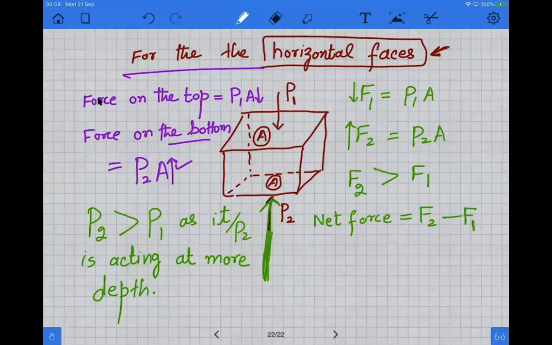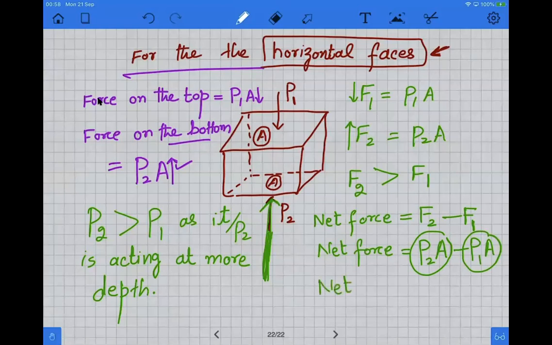Now if we substitute the values, the net force will be P2 times A, assuming that the area of the object is uniform. P2A is the force on the bottom, P1A is the force on the top, and if we take A common, the net force that is upwards will become P2 minus P1 times the area.